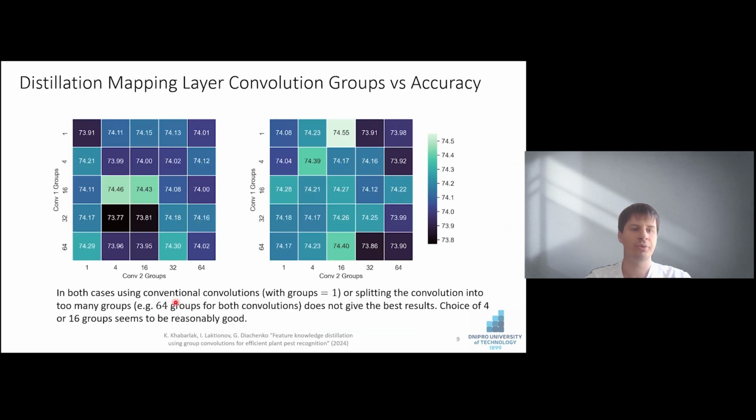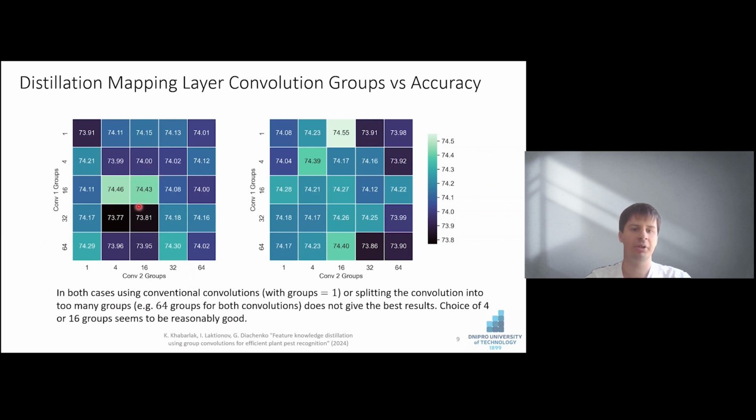We have also visualized several hyperparameters using heat maps. Here you can see the visualization of convolution 1 versus convolution 2 number of groups, with the best results shown with lighter colors.